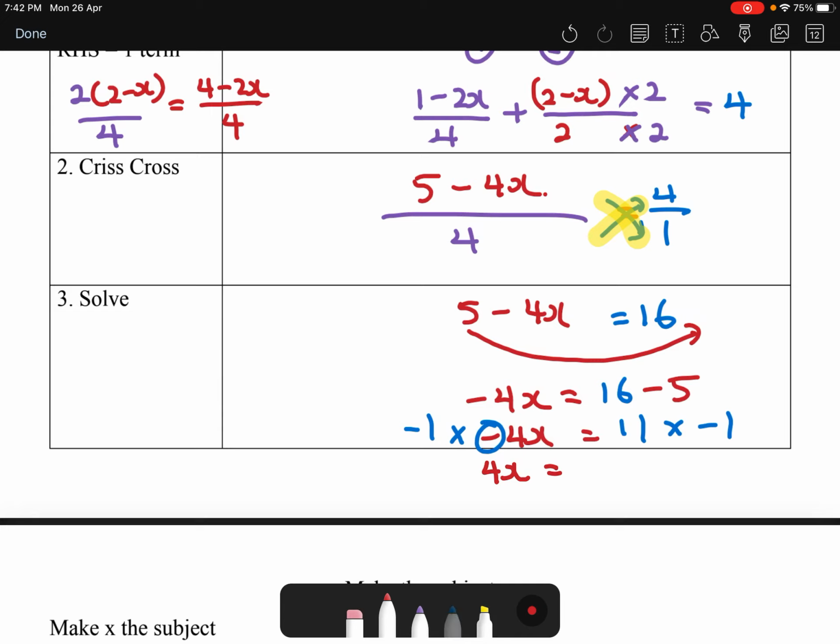Right hand side, 11 times -1 is -11. Then after that, of course, put the nail into the coffin: divide by 4 on the left, divide by 4 on the right. x is equal to -11 divided by 4. So this is how you solve your algebraic equation.